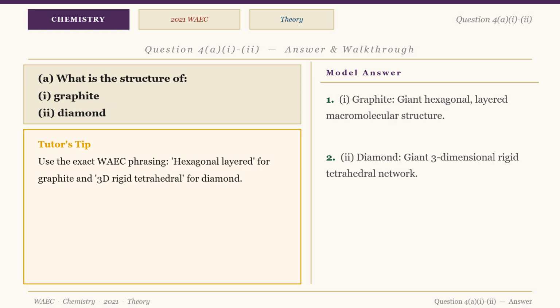It means that it has 6 sides of interlocking molecular structure, while diamond has a giant, three-dimensional rigid tetrahedral network. So now use the exact WAEC phrasing. Remember, hexagonal layered is for graphite and 3D rigid tetrahedral is for diamond.